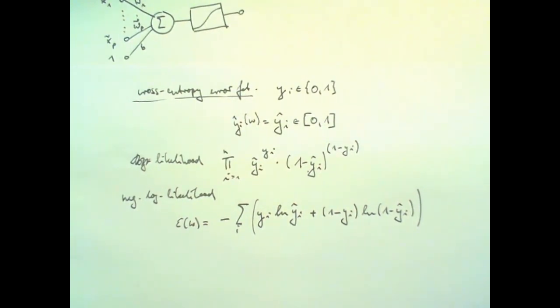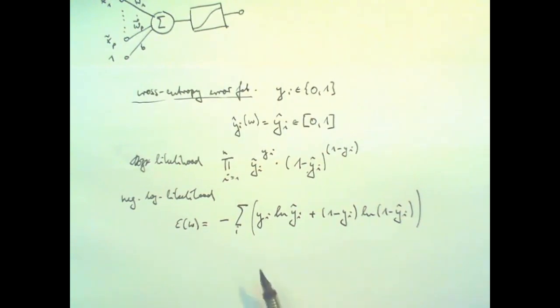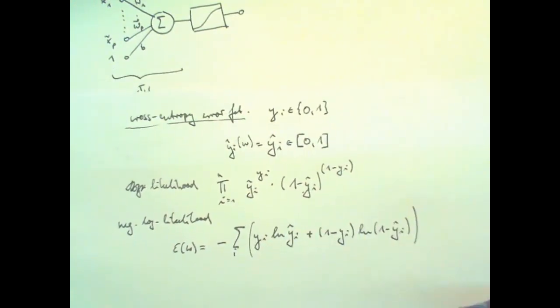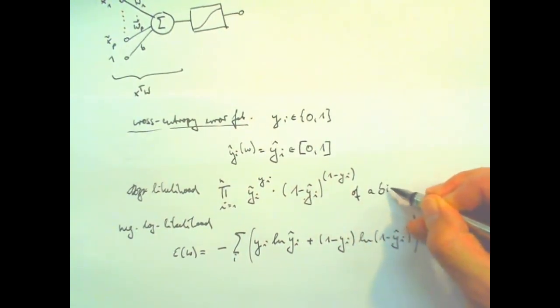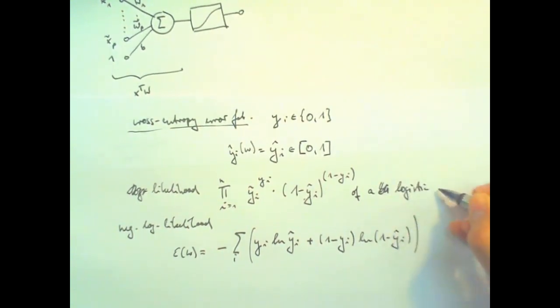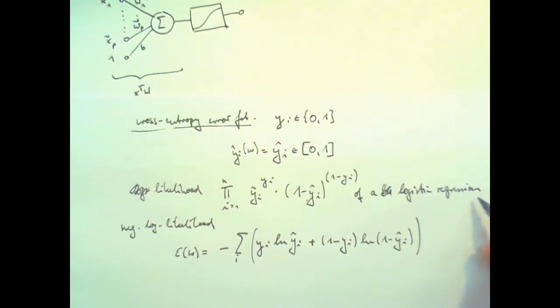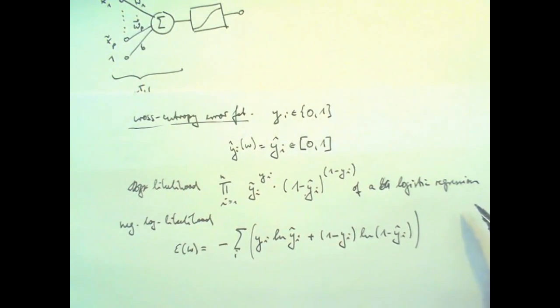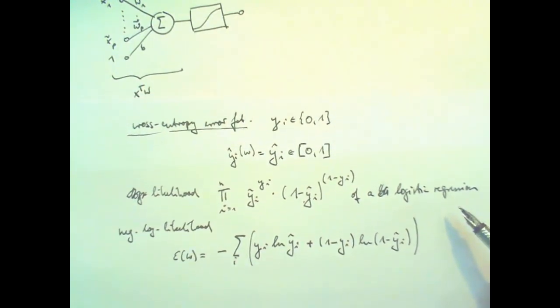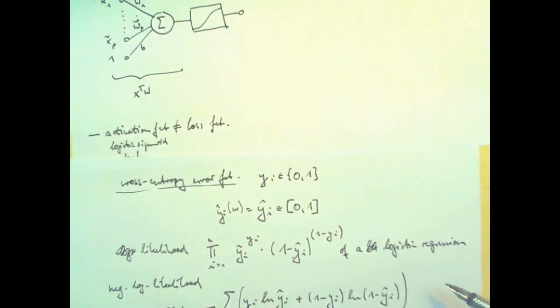And this cross entropy error function, the likelihood that I showed here, was the likelihood of a binomial logistic regression. And that would, for example, be logically and numerically the right match if you use as activation function the logistic sigmoid.